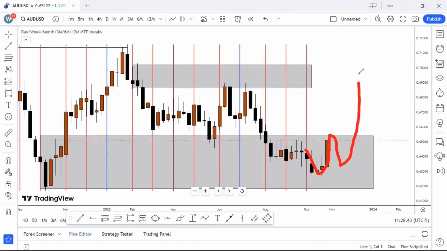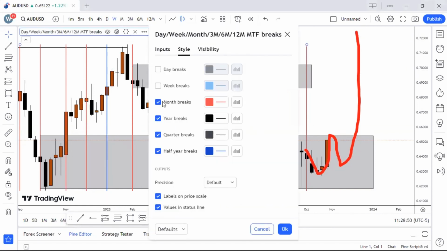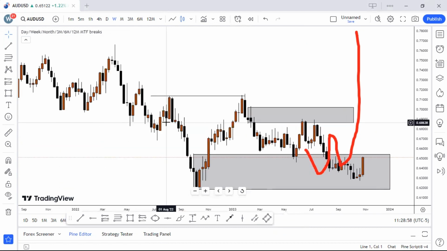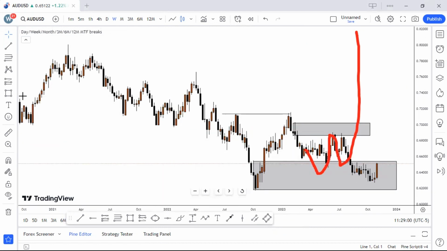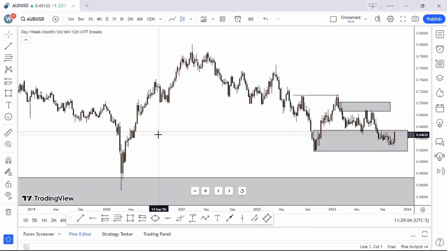So we have to come back, then continue making a higher high. So this is to tell us that AUDUSD is now ready for its position trend direction, which is a long-term trend direction.